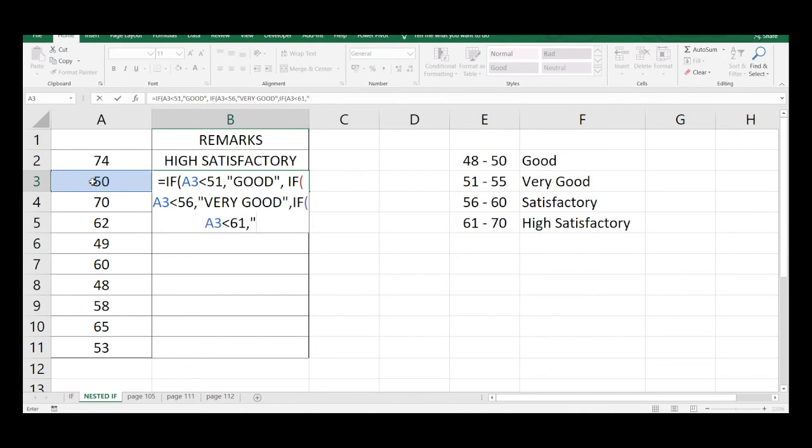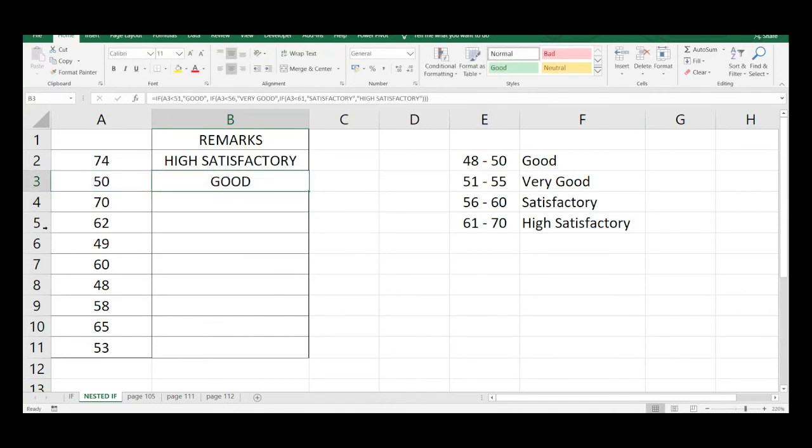Comma. This time it's satisfactory. Comma. And then high satisfactory. Okay? And then, 3 close parentheses because we have 3 open parentheses and then enter. Okay? So, we have the remarks of good. Okay?